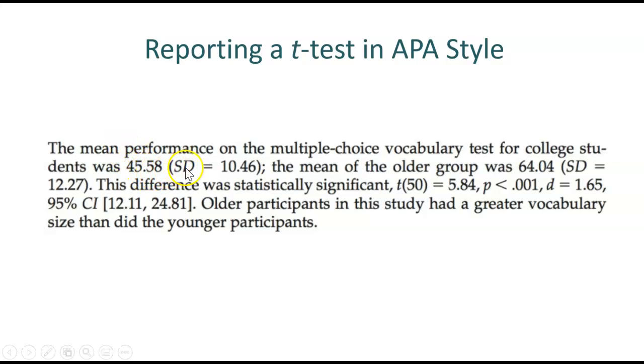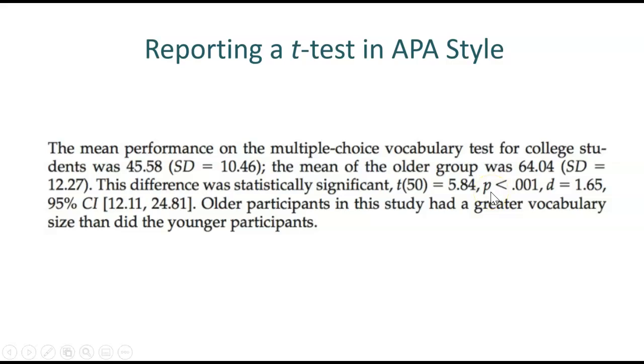Notice that the letters SD for standard deviation are in capitals and they're italicized. Notice that there are spaces around the equals sign. Same here. The t statistic, the t is italicized, the df is in parentheses, and there's a space around the equal sign. You give the t value followed by a comma.